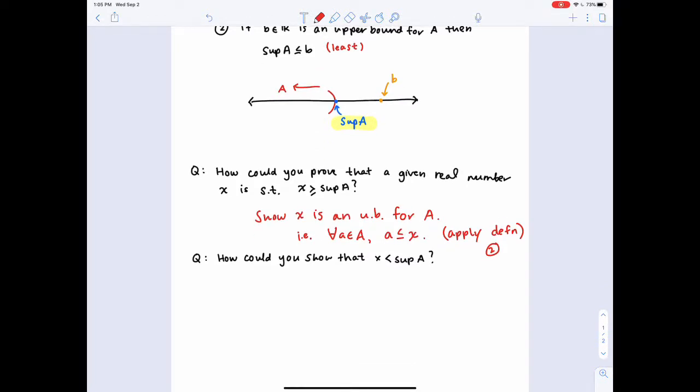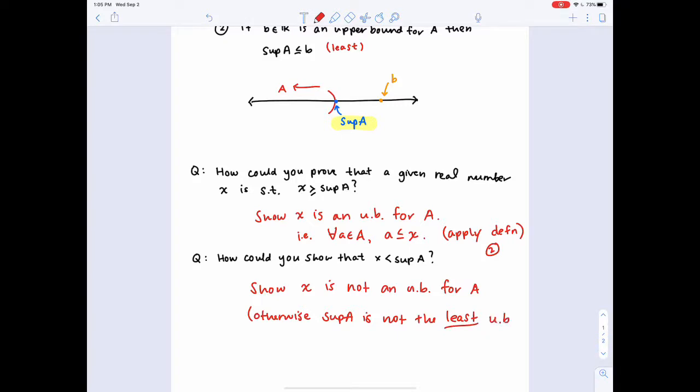So here we could say show x is not an upper bound for A. And as I said, otherwise, sup A is not the least upper bound. And that's a contradiction.